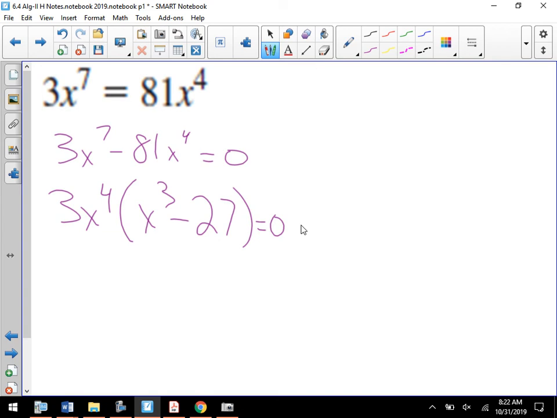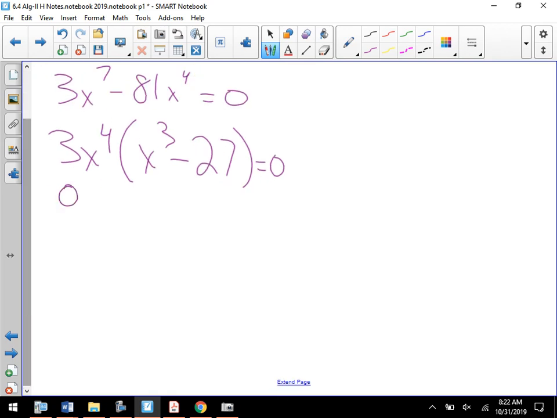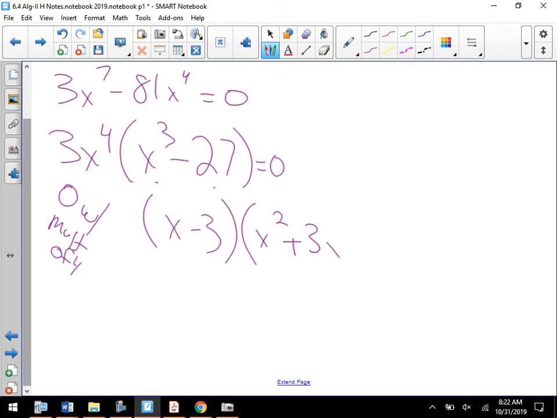So this one, you know you have a 0 with multiplicity of 4. Here, we can do stuff. Cube root of x cubed, x cube root of 27? 3. So we have x minus 3. Now you have x squared plus 3x plus 9.